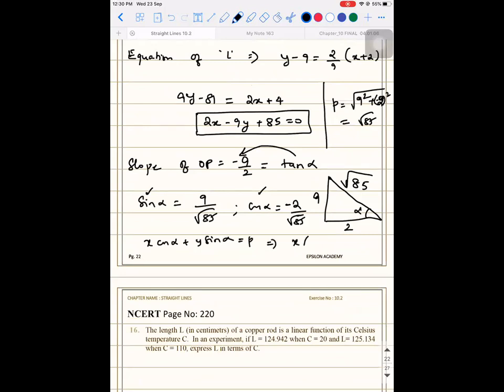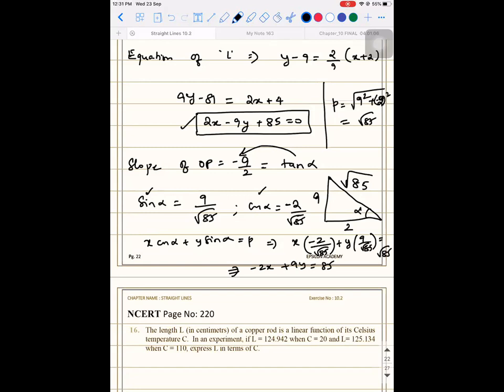So x into cos alpha is minus 2 by root 85, plus y into sin alpha is 9 by root 85, is equal to p, which is root 85. So we conclude minus 2x plus 9y is equal to 85. Accepted? Because the root 85 will go to the other side and get multiplied, it will be 85. Rearranging, we get back the same equation.